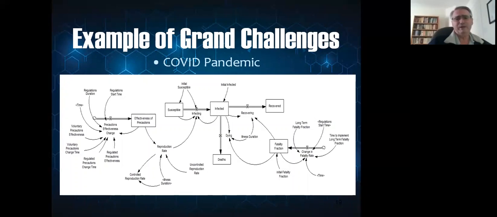And my particular area of interest is the effectiveness of precautions, both voluntary and regulated, on the reproduction rate, that is the spread of the virus. So basically, I'm looking, for example, at the value of voluntary precautions rather than regulated precautions to resolve the problem.